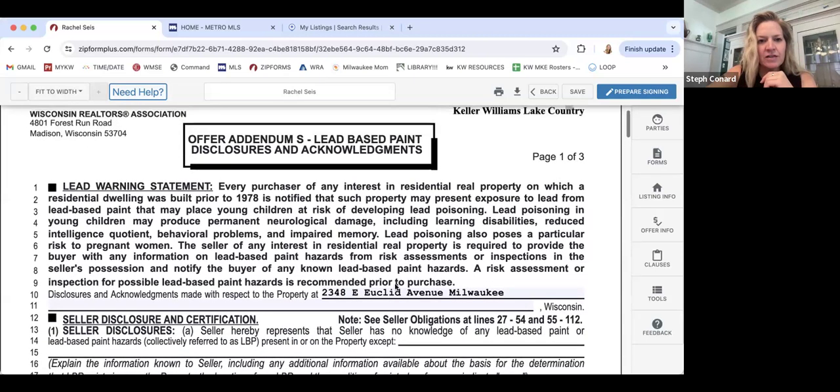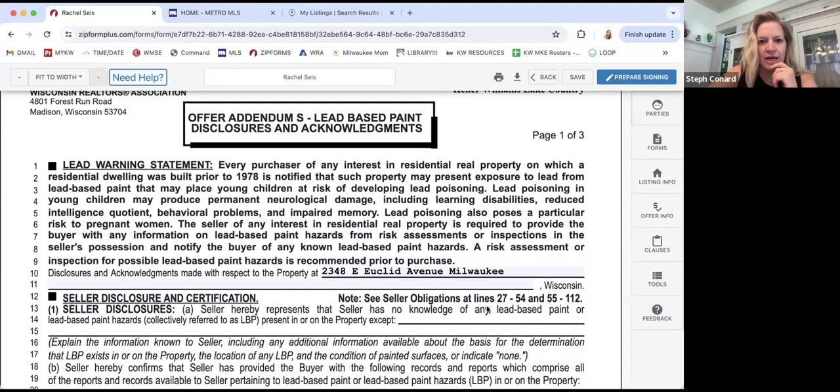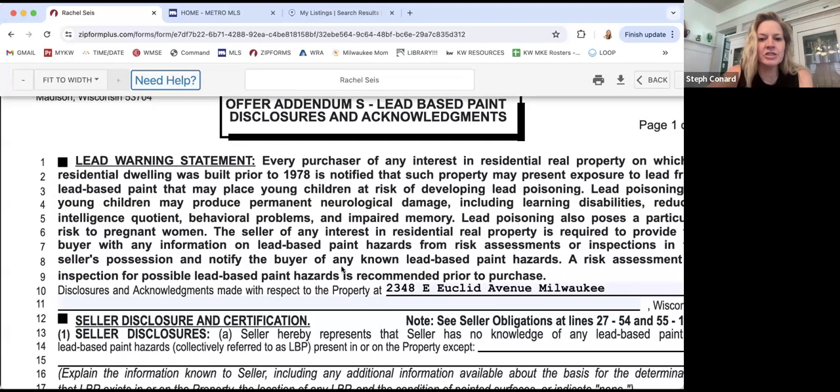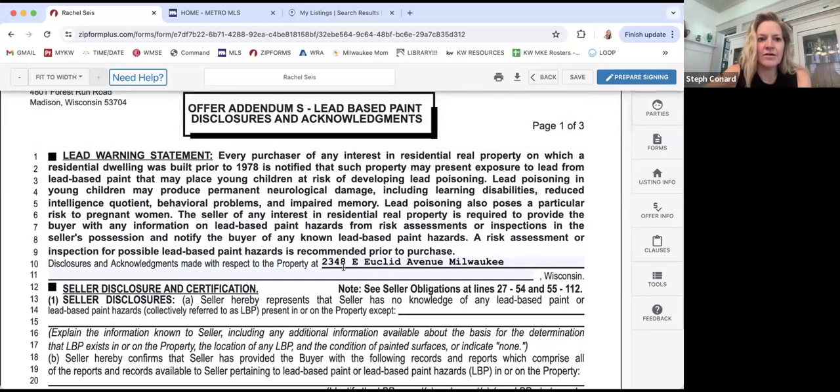That being said, you're going to find the Addendum S included in properties built after 1978. It's just habit. No harm, no foul to use it and include it. But here on this first page, the seller is acknowledging whether or not they have lead-based paint on the property.